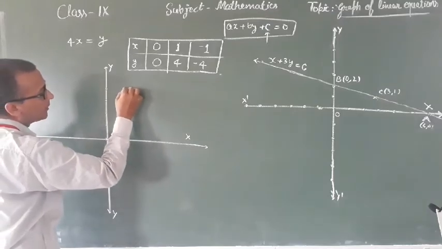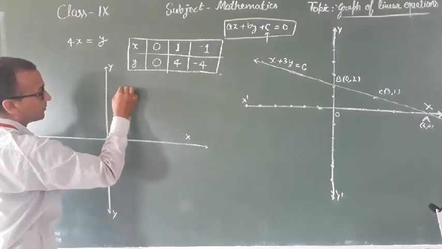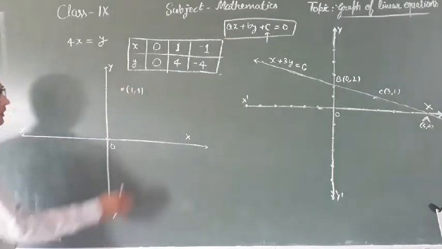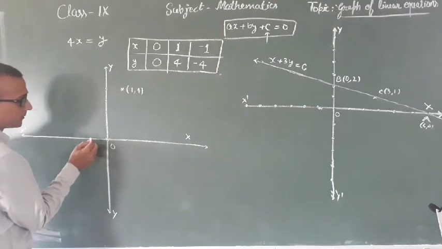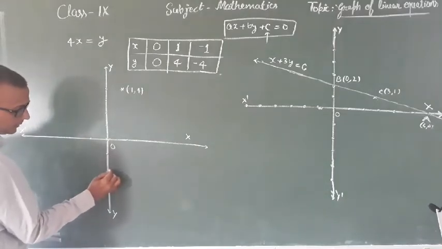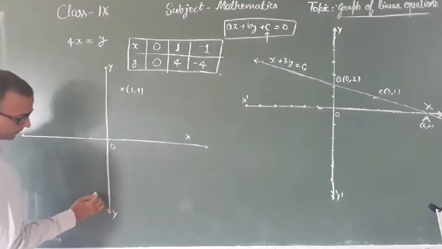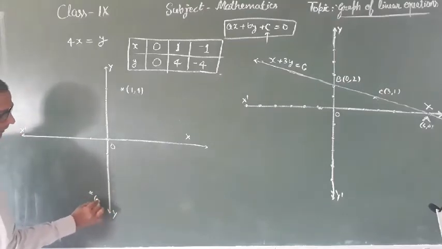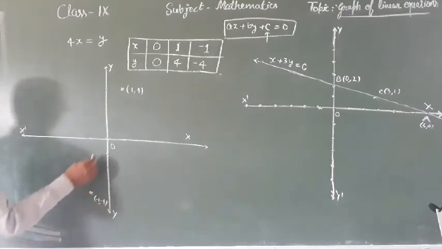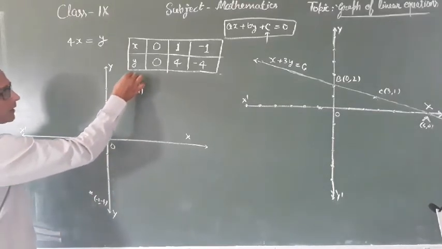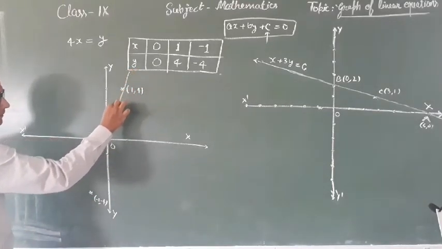This one is (1, 4), and third point is (minus 1, minus 4). It is minus 1, minus 1, minus 2, minus 3, minus 4. This one will be minus 4. We have 3 points. Put a scale and join these points.